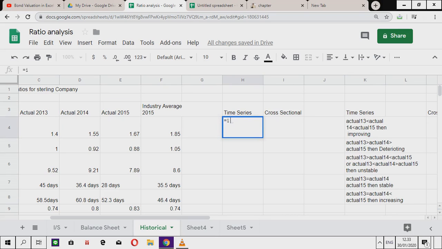We cannot use this function. It's a big no-no. So we're gonna use the AND function, function of AND. I've forgotten a little, but yeah.